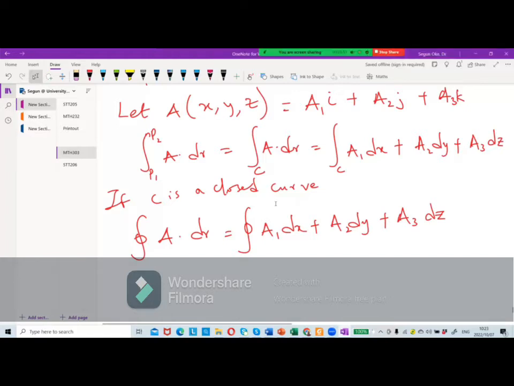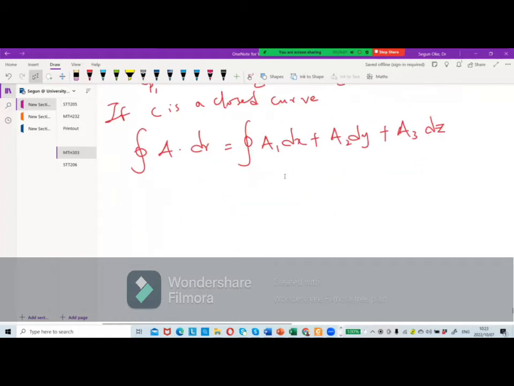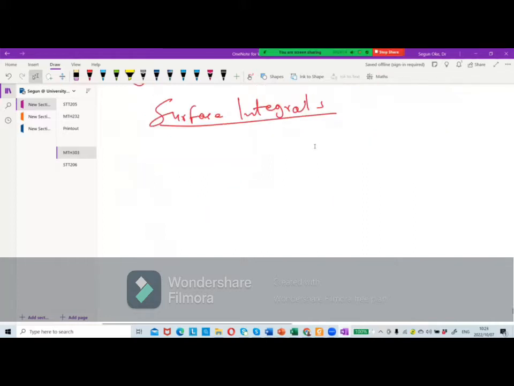But let's look at the surface integral. I will not give you the detail, just the formula for how to go about it because of our time. And I want you to please try and read up some of those things. It will help you also.